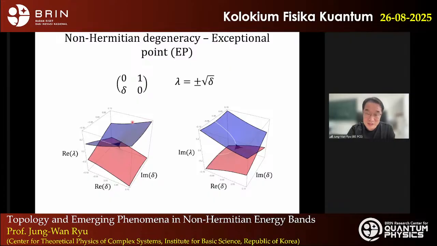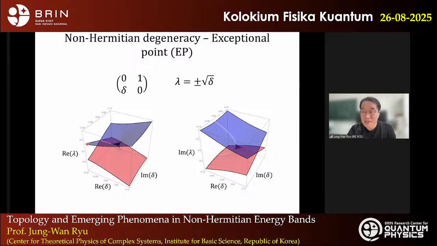We encircle this exceptional point by the parameter change. At this point, these two points have the same parameter set. So after first encircling the exceptional point, the upper state changes into the lower state. After a second encircling, they return to their original states.